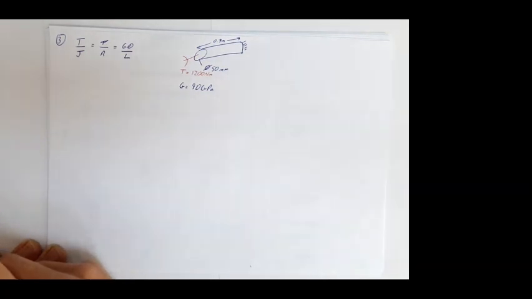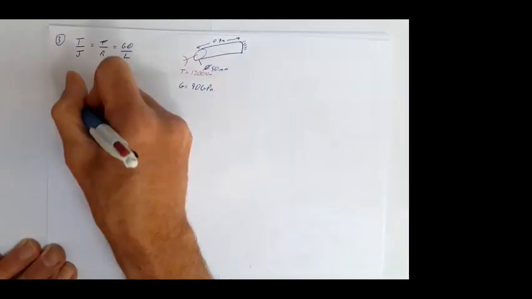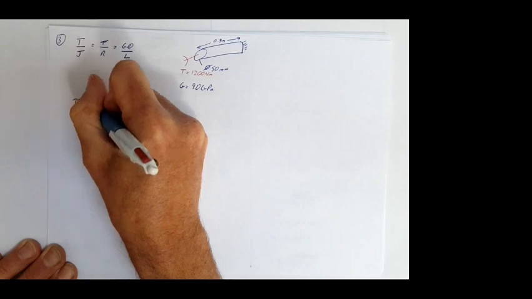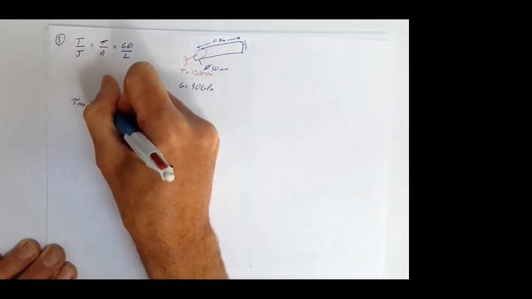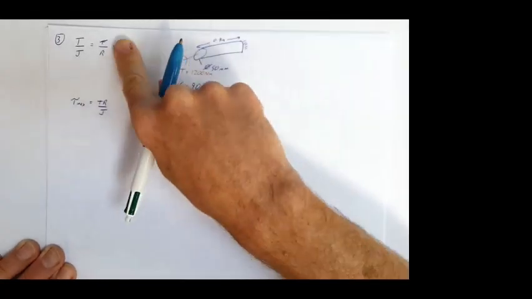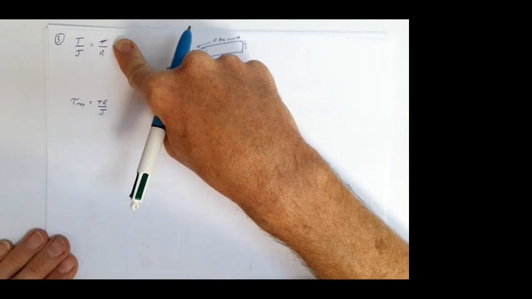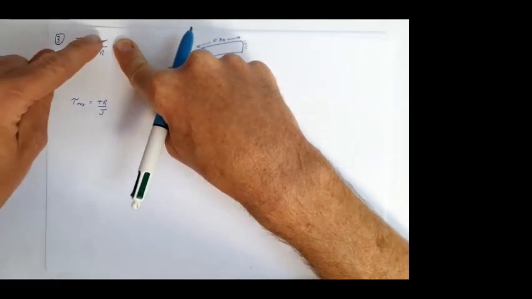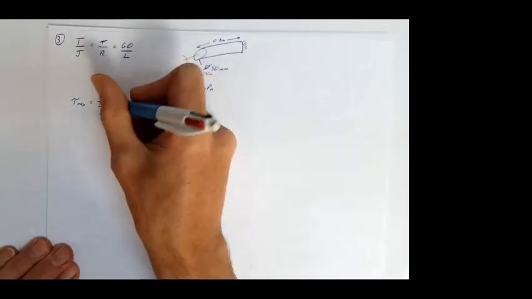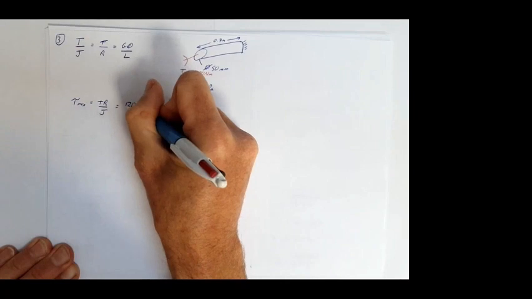We're asked to calculate the shear stress and the angle of twist. So in the first part of the question, the shear stress, we're simply going to say that Tor max equals TR over J. We're going to concentrate on those two parts of the simple theory of elastic torsion. My torque, 1,200, times by the radius.